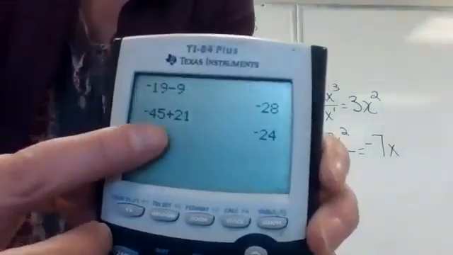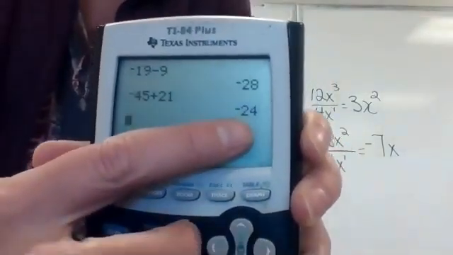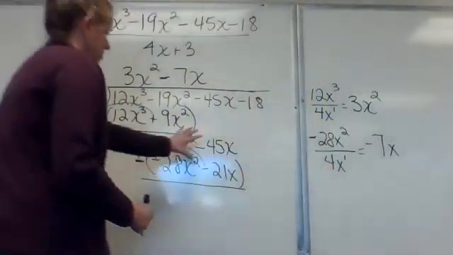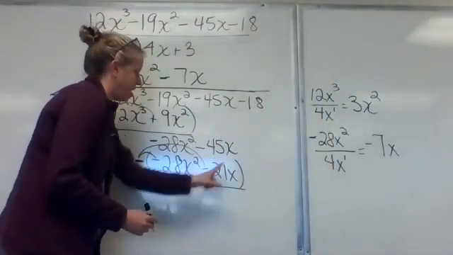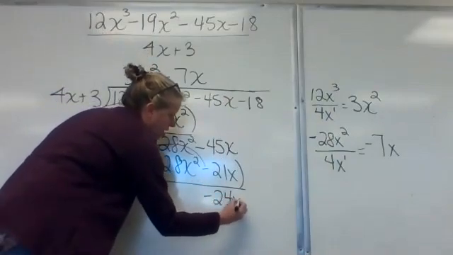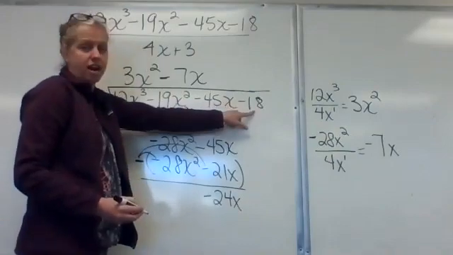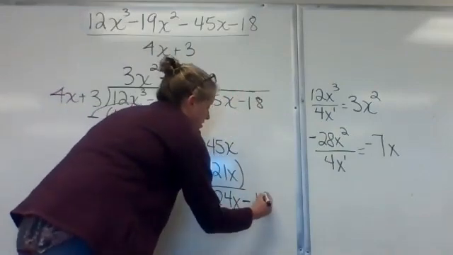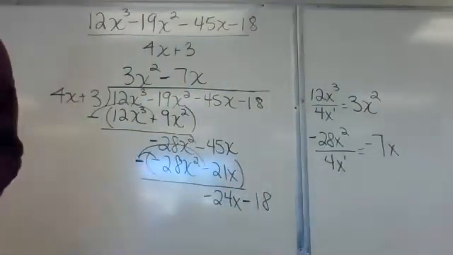So -45 plus 21 gives me -24. So this right here, -45x plus 21x gives me -24x. I'm still not done, right? I still have another thing to drop down. So I'm dropping down the -18.